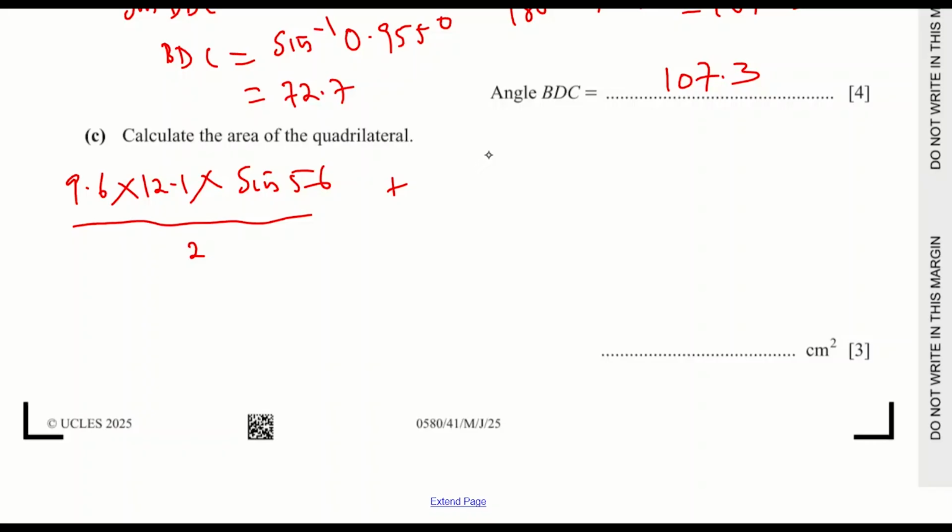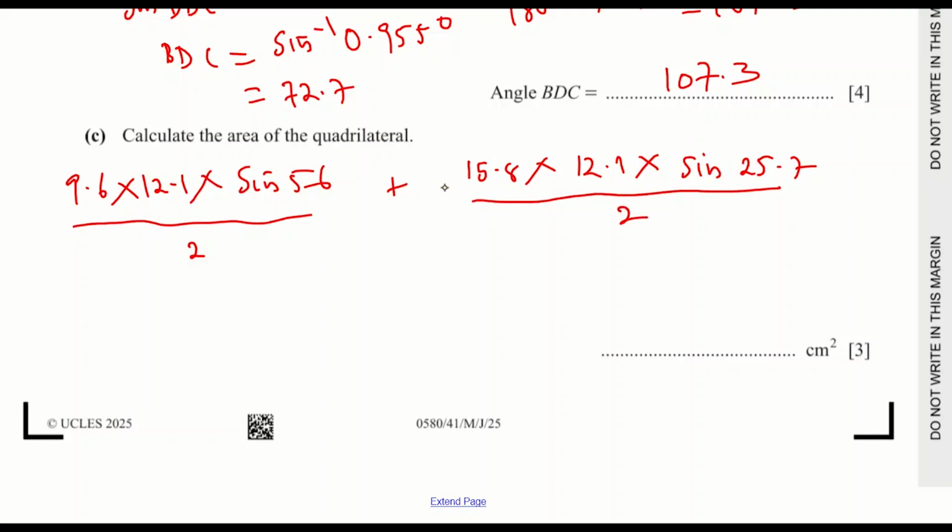So it will be equal to 15.8 multiplied by 12.1 multiplied by sine 25.7 divided by 2. So this is how to get the area of the quadrilateral.